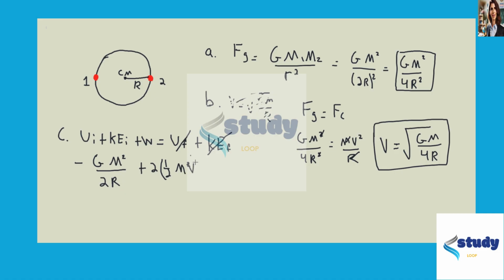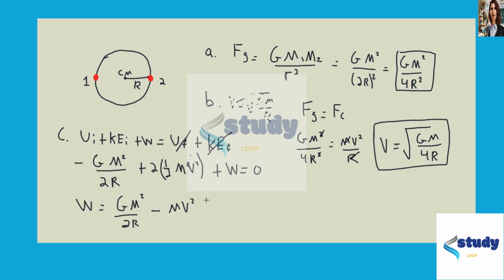Then plus the work we're doing, and this whole thing needs to equal 0, since both of the final terms are 0. So we can get the work by itself, and it should be equal to G m squared over 2r minus m v squared, since that 2 and that 1/2 canceled out.